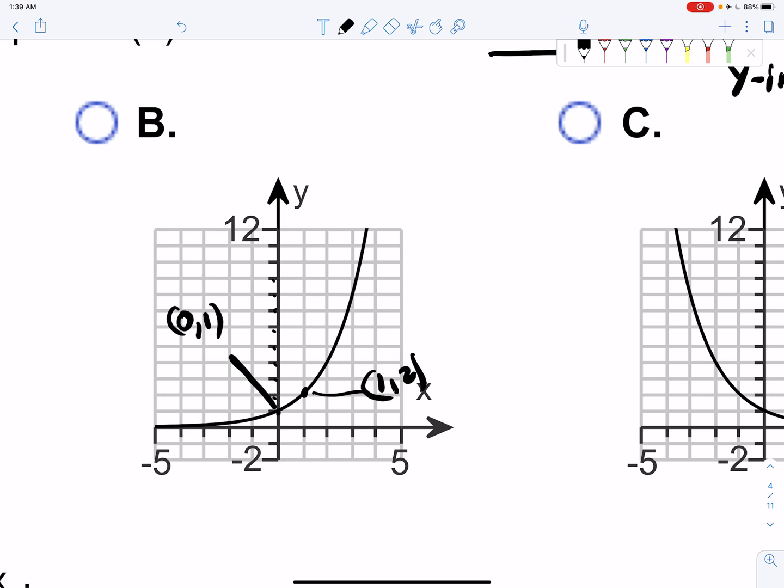Wow, this is negative 2 here, but that's down below. I really don't like their labeling. Negative 1, negative 2, negative 3, negative 4, negative 5. So this is negative 1 comma half, and that looks like about half of 1. There's another point that we expected, negative 1 comma half. So we're really sure that this is it. The answer is B.